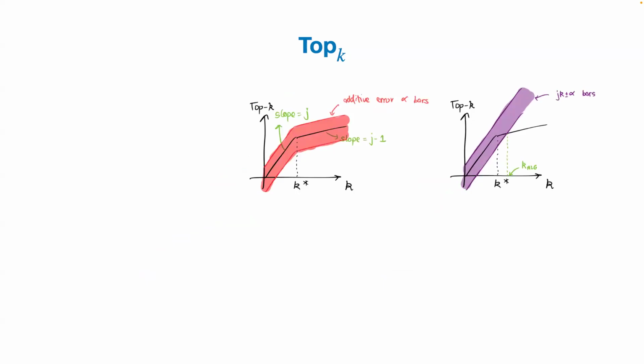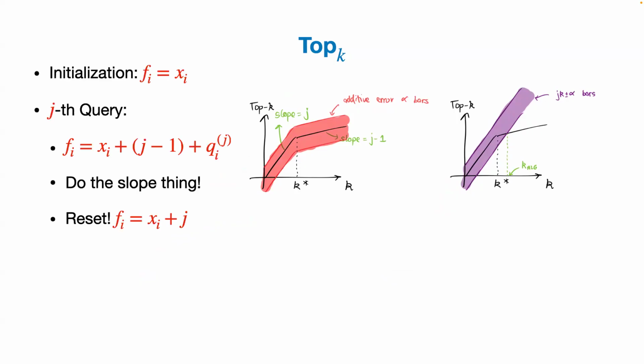So now let's go back to our reduction. We want to reduce from inner product queries to this top K norms estimation problem, and we want to use this slope idea that we just talked about. So let's assume that we have d elements, so d is equal to n, and we have one element corresponding to each one of the entries.